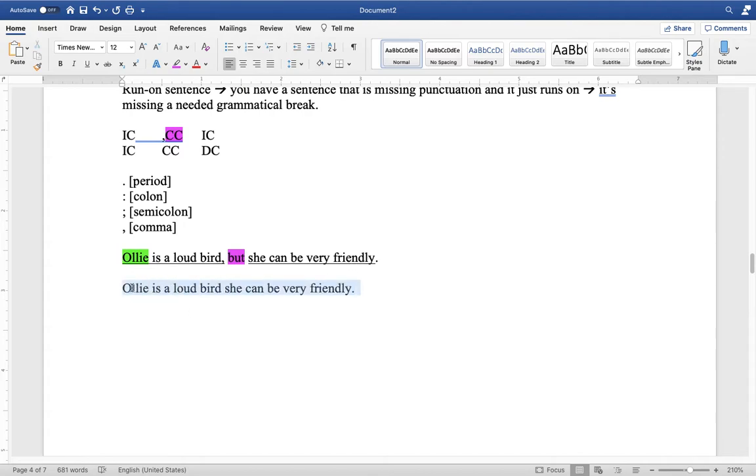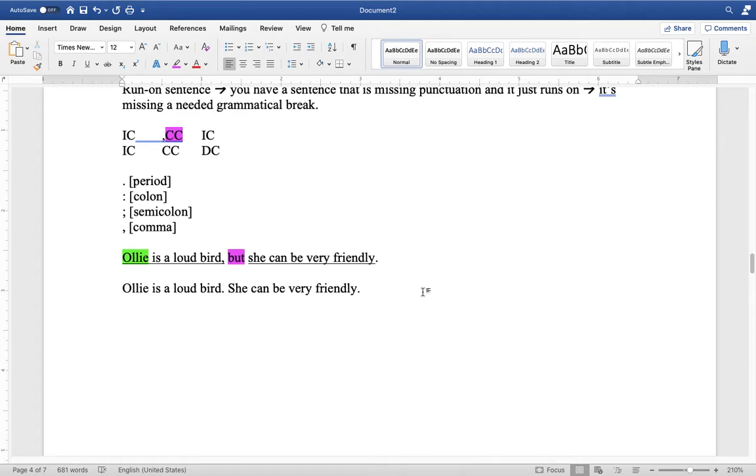This is another example we get in our book of a run-on sentence where it's just Ollie is a loud bird. She can be very friendly, where there's no coordinating conjunction between them. And the example they give is just to stop and then to start a new sentence. I don't think this is the best way to write because it's what I would consider choppy writing.